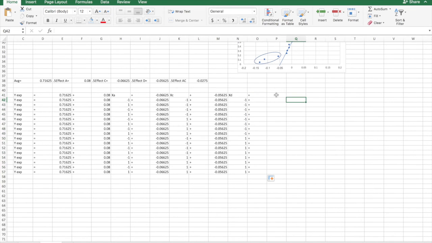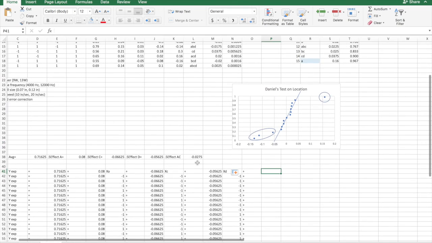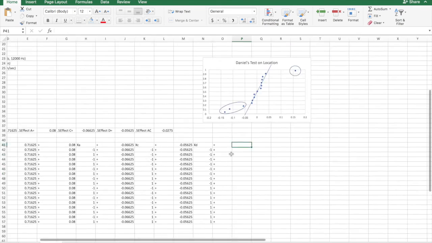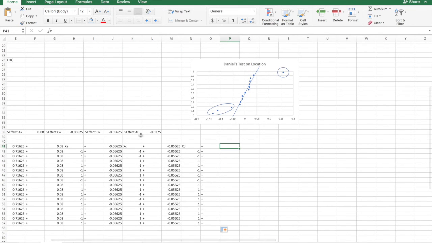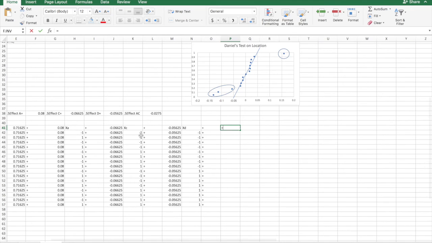Then we add 4 AC, and the 1/2 the effect of AC, it's minus 0.02. From here we have effect of AC 0.05, so yes, the effect is 1/2.